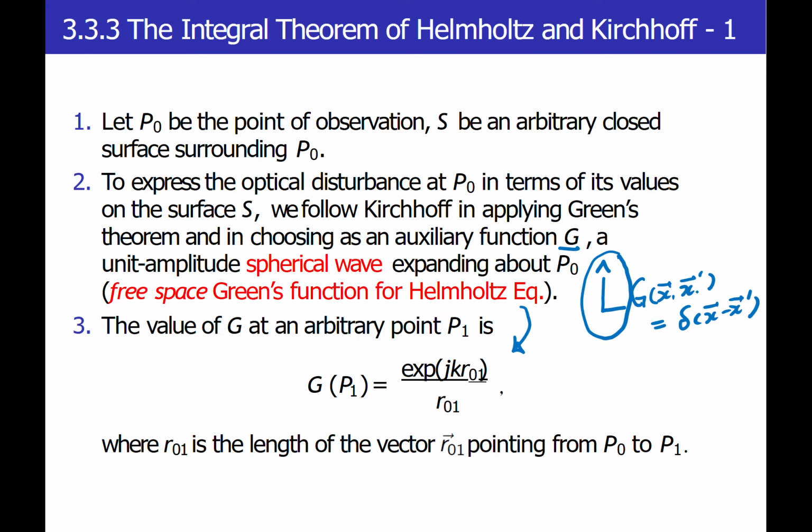If x prime is not equal to x, then this is going to be 0. Okay. So in the special case when there is no boundary, free space, and when we think about these differential operators, and then we have G, and then we get 0. So Green's function is a solution of these Helmholtz equations.